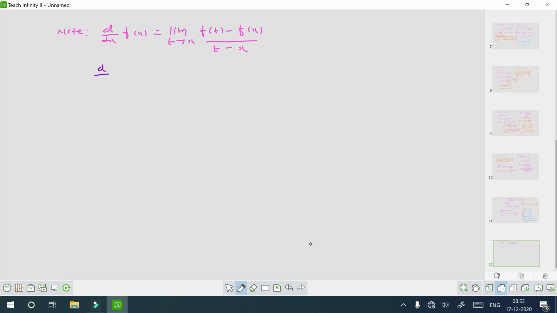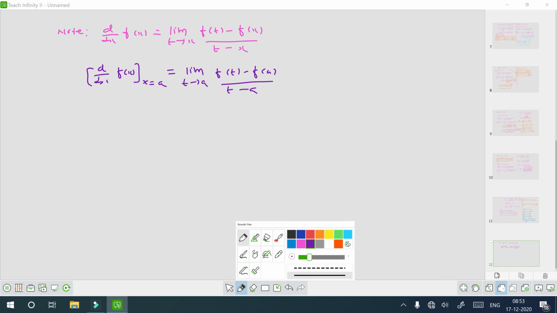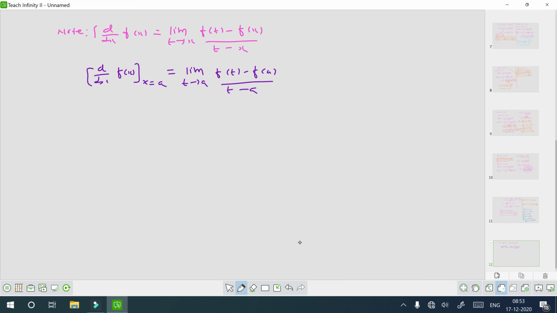Now, if we wish to find d by dx of fx at a particular point x is equal to a, then what? Then limit t tends to a, f of t minus f of a over t minus a. Clear? Next, this one is according to the first definition.